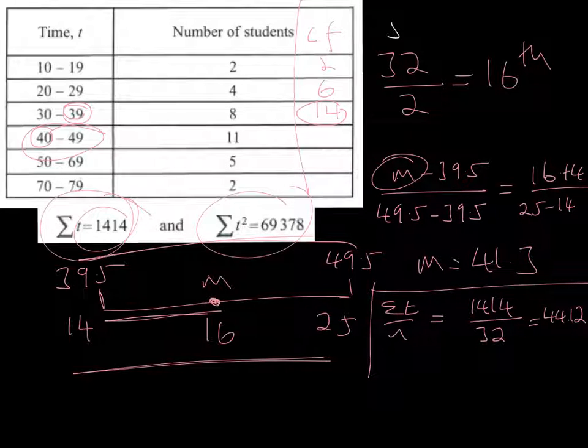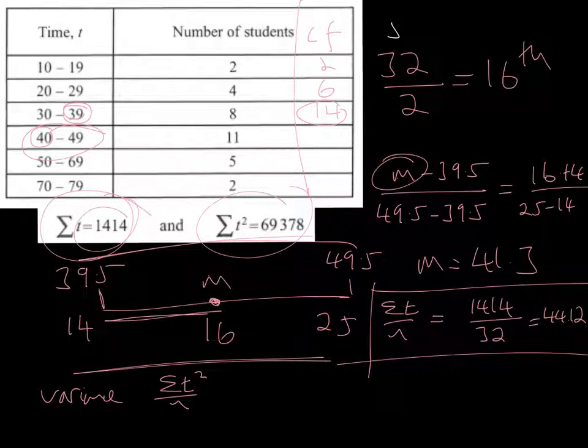That's useful because the standard deviation, you should hopefully remember, comes from the variance, and the variance is the mean of the squares. So that's sigma t squared over n, the mean of the squares, minus the square of the mean, and the mean is sigma t over n, so we're going to square that.